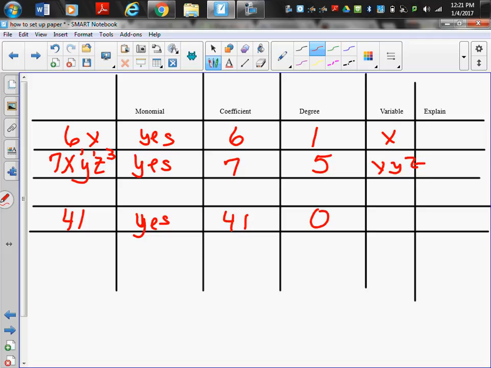All right, what about this? 24x to the negative 5. Is it a monomial? No. Why is this not a monomial?